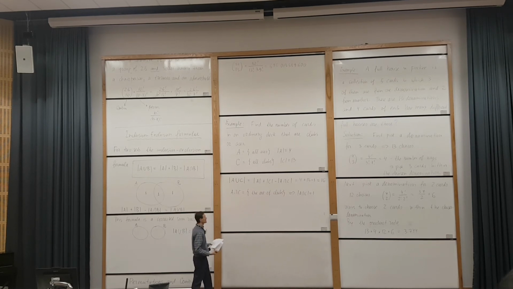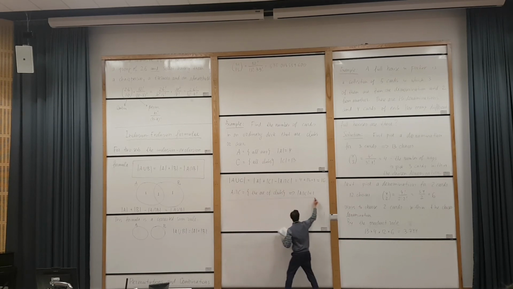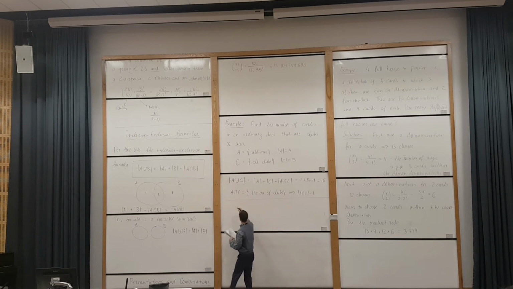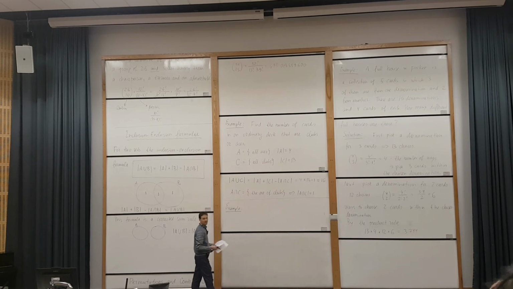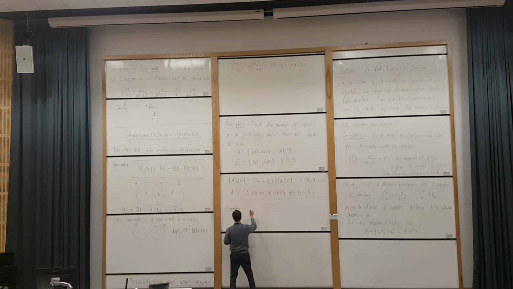Let's do another example of a different type. How many integers from 1 to 500, including 1 and 500, are divisible by 3 or by 13? That's what we're supposed to count.